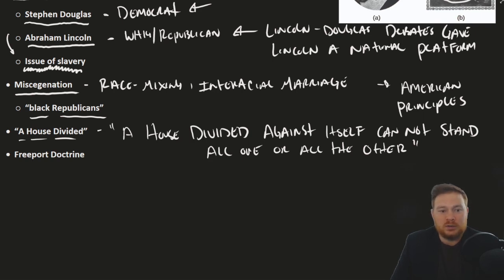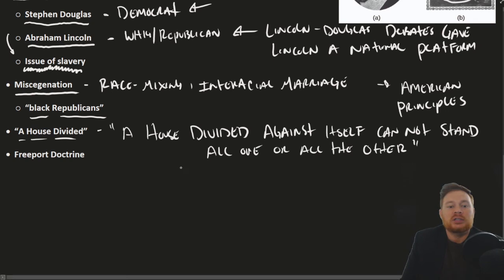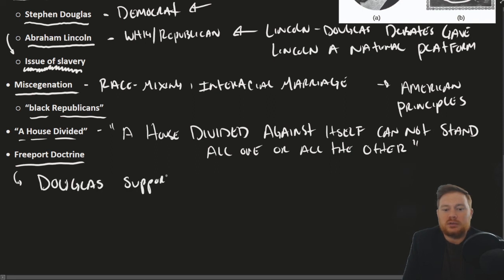Stephen Douglas said, whatever, it's been half and half up until this point. It can stay half and half forever. However, Stephen Douglas did disagree with the Dred Scott decision. The Freeport Doctrine was something issued by Douglas, and this was Douglas's support of popular sovereignty.